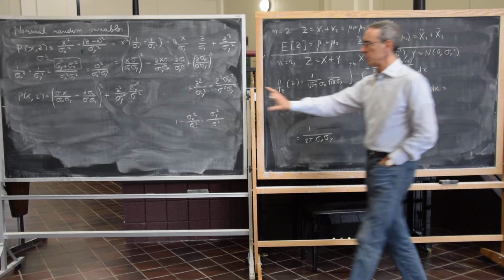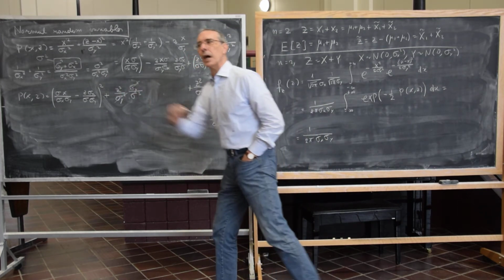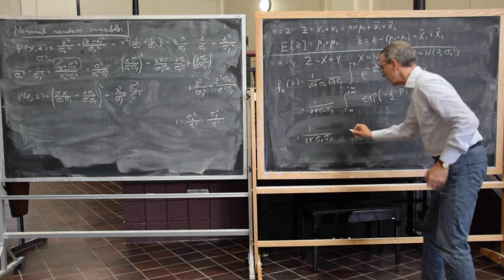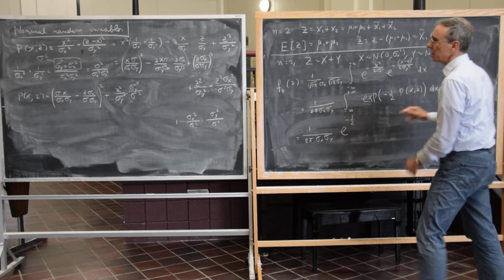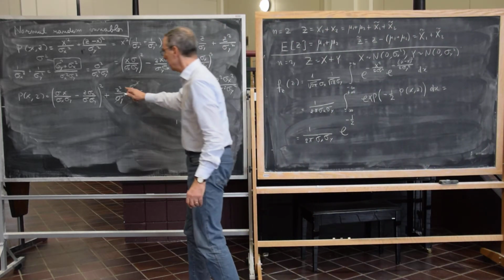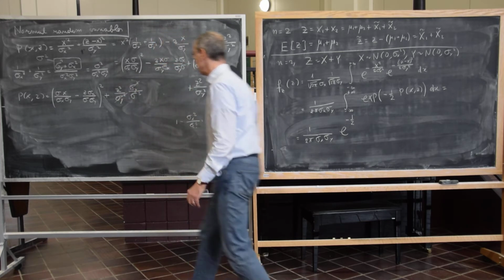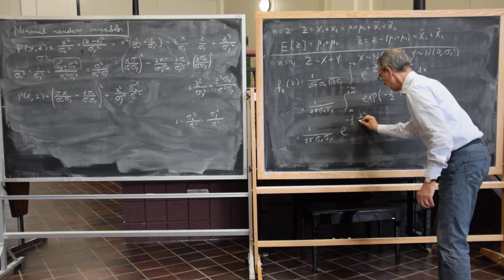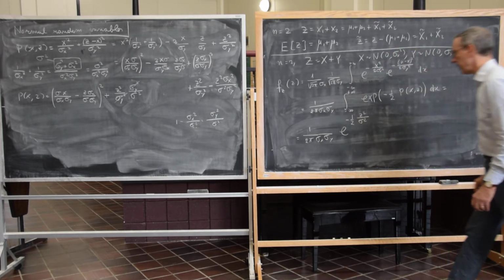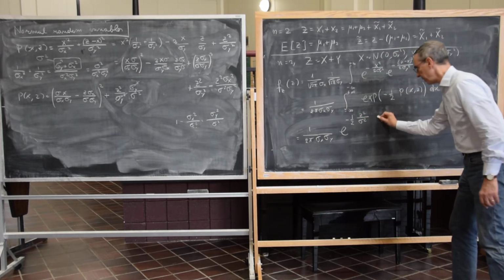This piece here does not depend on x. This can be factored out. So we can safely factor out e to the minus 1/2 the piece that does not depend on x. It's this one, z squared divided by sigma squared. And then you have the integral here.